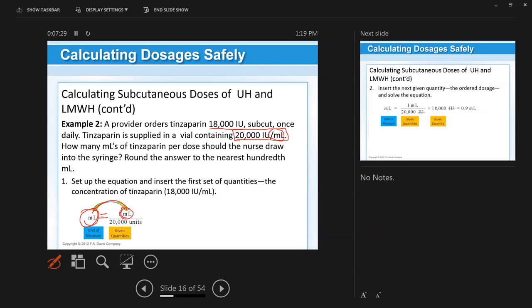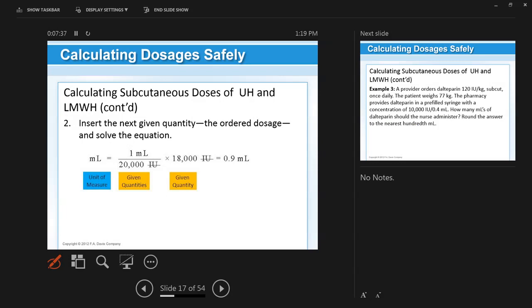We're looking for milliliters again, so we've got to figure out a way to eliminate or reduce this unit label, and we know we can do that by adding it as the numerator on this next equation, where we're solving for x. So since we had units here, you have units here.